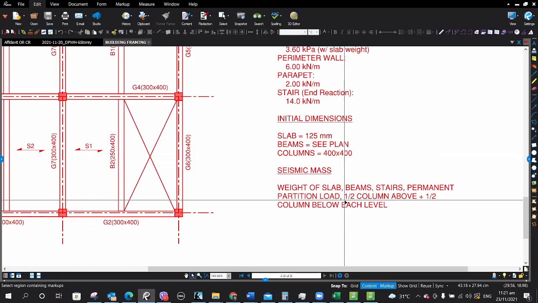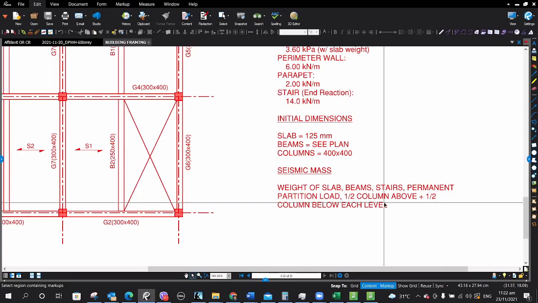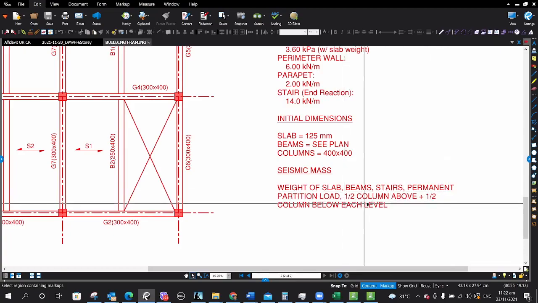So you have to consider it as a permanent partition load. Now, in offices, usually the partition load is movable partition load. Then you have to consider it as live load, no? If it's movable. But it's not common to have movable partitions. So you have to consider the partition load.